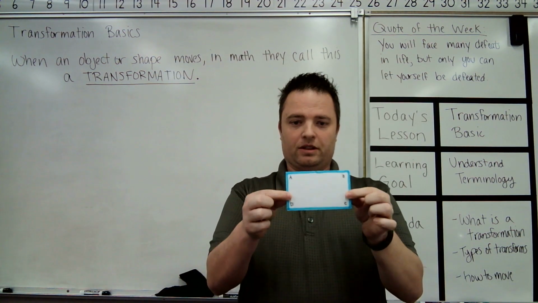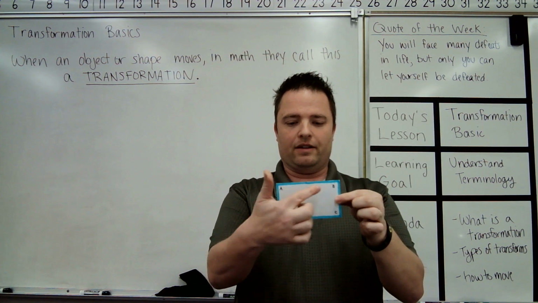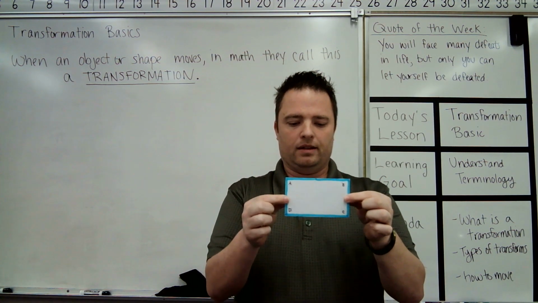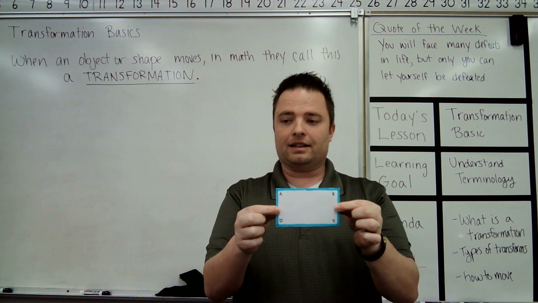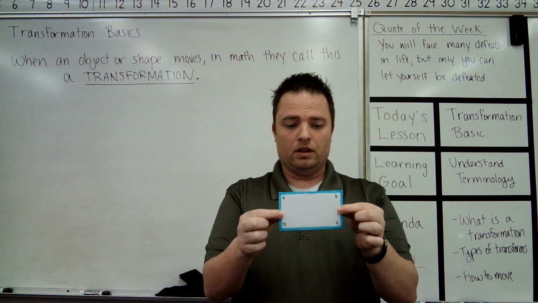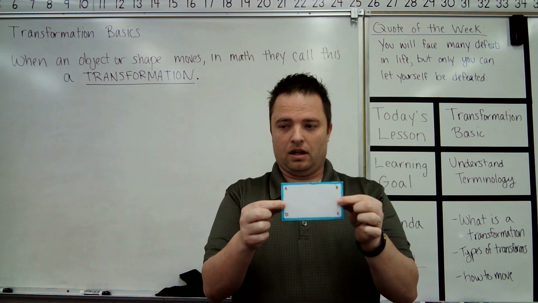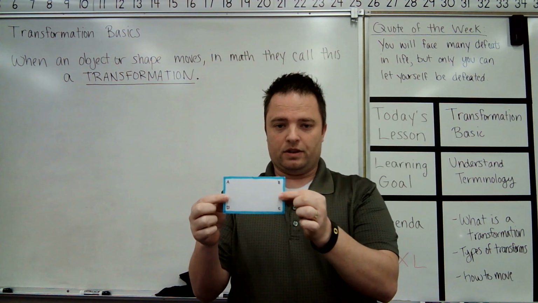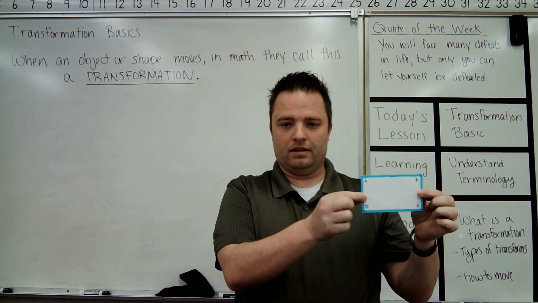Now, let's just talk about this shape. This is a square. This is my square. It's just an index card that I've outlined with highlighters so that you can see it easier. Now, if I was to ask you, how would you make this move? Well, you might say, well, what do you mean? Well, okay, I mean, could it move to the left? Could it move to the right?